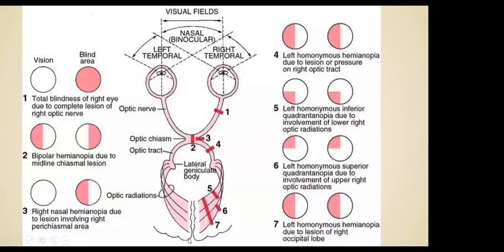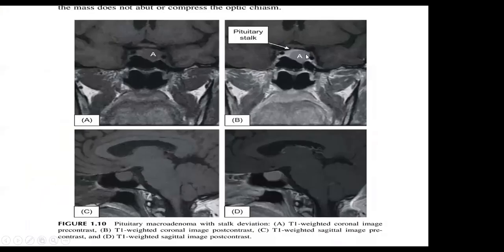This is a coronal section showing the pre and post contrast bulging on the left side of the pituitary gland and the right-sided deviation of the pituitary stalk. This is the post contrast showing the moderate enhancement of the macroadenoma surrounded by the normally enhanced pituitary gland.